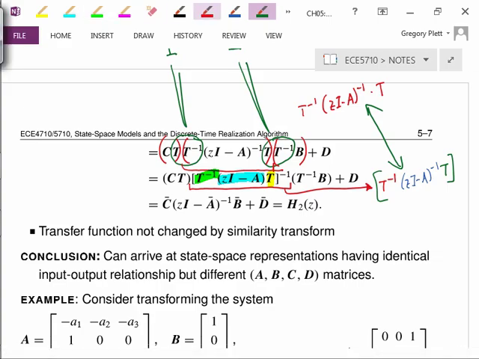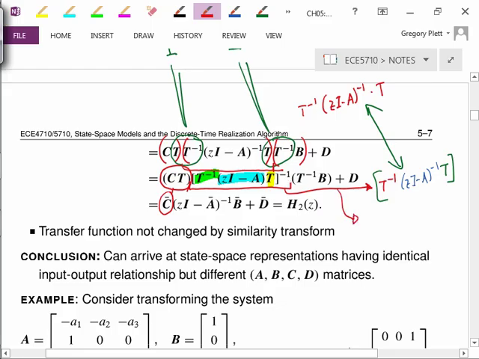In the next line, we take the C T and recognize that we called that C bar. We look at this form here again in a different way.